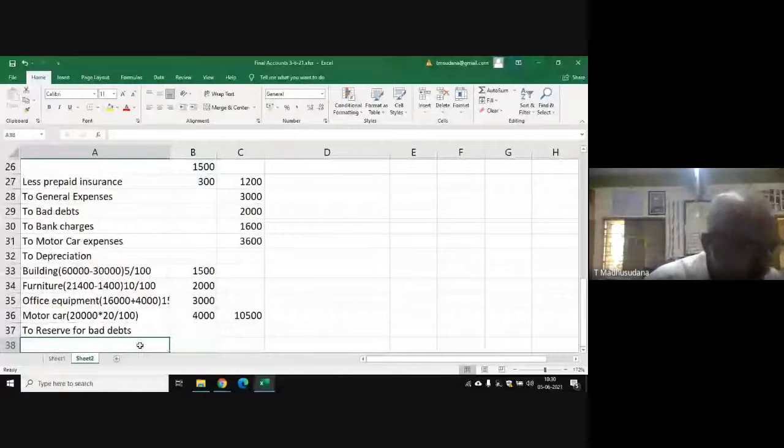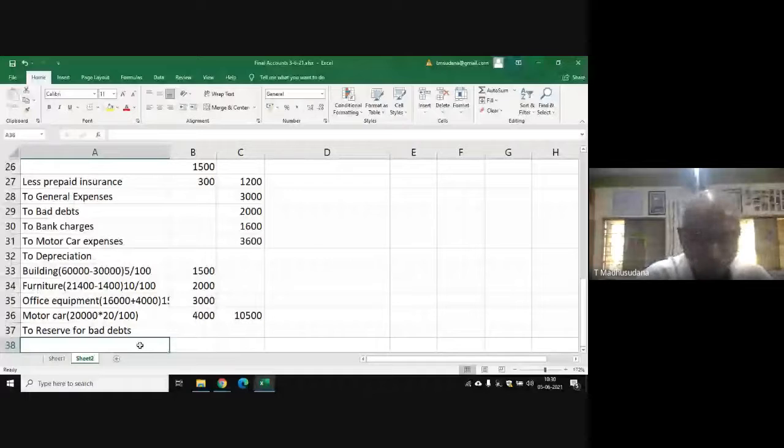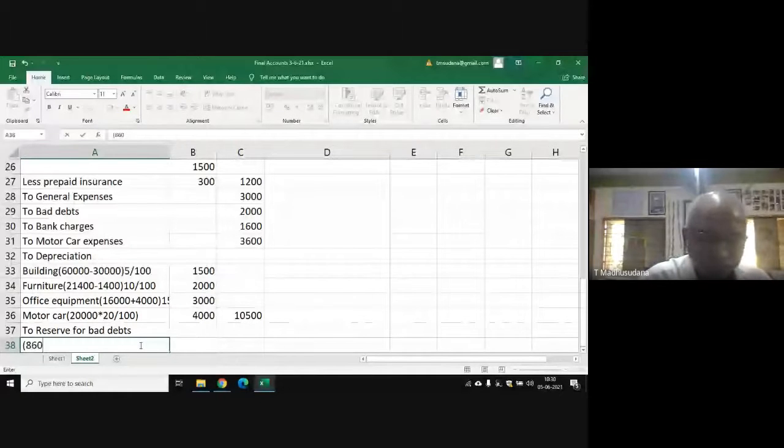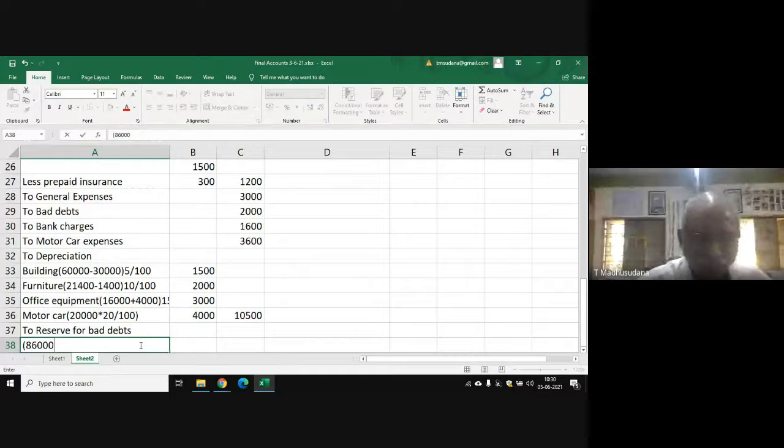I will give you the calculation: 86,000 into how much percentage of provision for bad debts? It is 5%, so 5 divided by 100. If you calculate, that comes to 4,300. That is the new provision, 4,300.